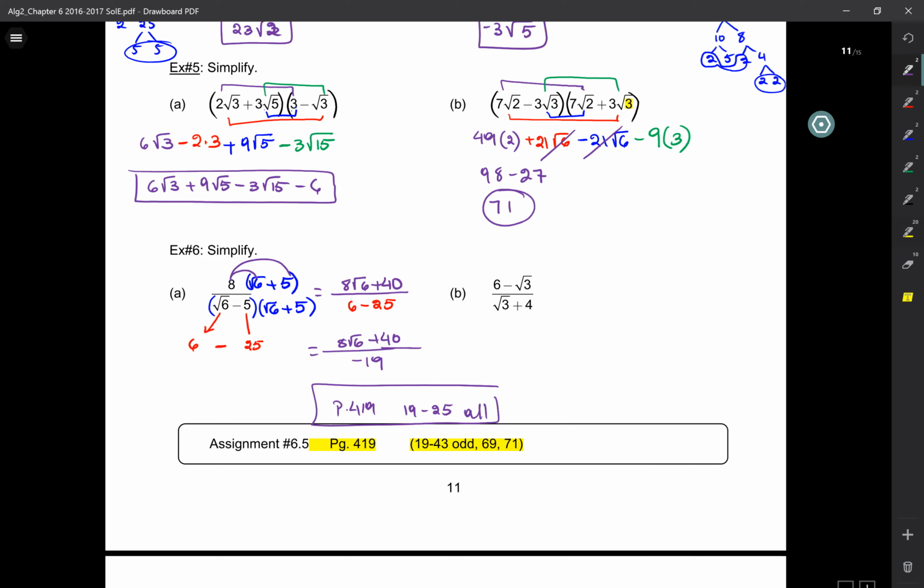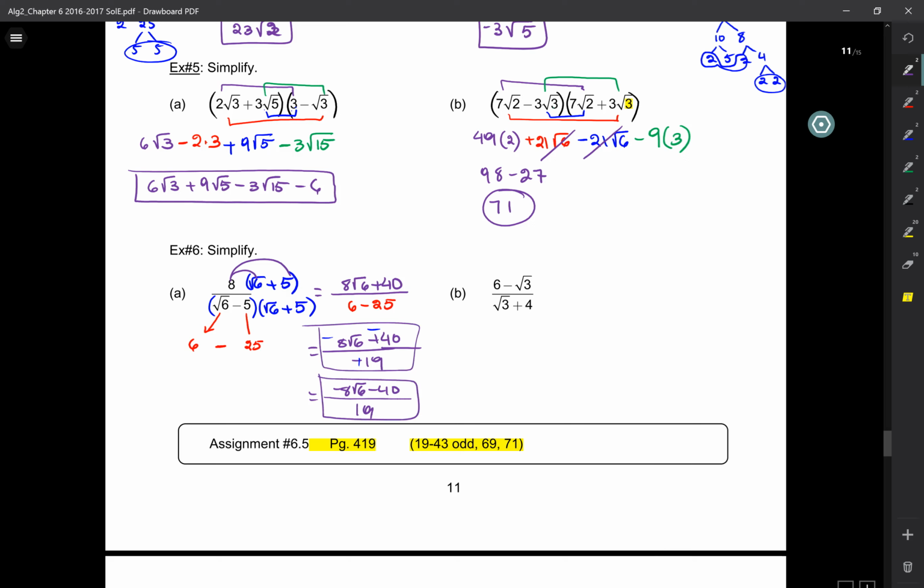Now that is the same as, if I didn't want to put the negative on the bottom, me distributing that negative to the top here. Okay, so this will be negative 8 root 6 minus 40 over 19. So I'm fine with either of these. The book may have it in one form versus the other form.